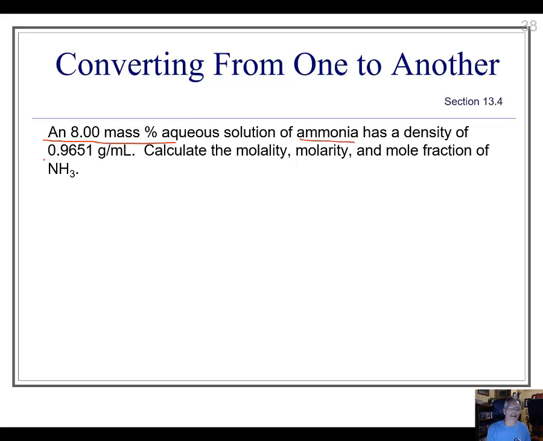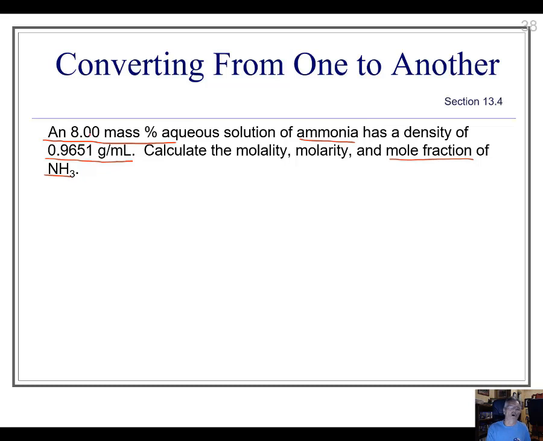They give us a density. You'll always be getting a density when you're converting things like mass percent to molality, or molality to molarity, or molarity to molality. You can't do it without a density. And finally, we want the mole fraction of ammonia, and they gave you the formula of ammonia so you can compute the molar mass. Okay, this is quite the problem.